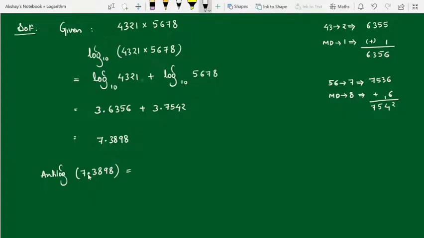Are you getting this point? This anti-log table starts from 0.00. This value you have to check in that, 0.38. So 0.38 we got.